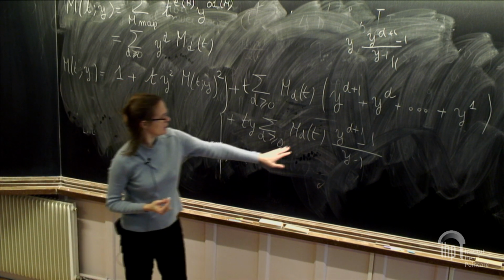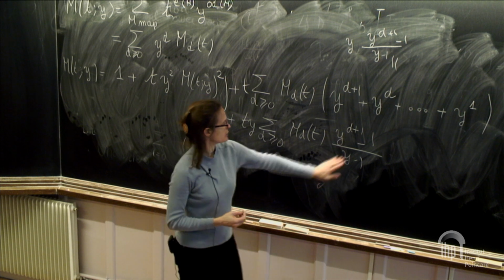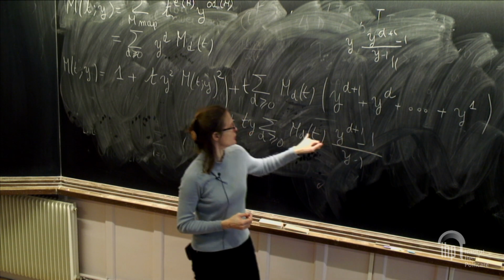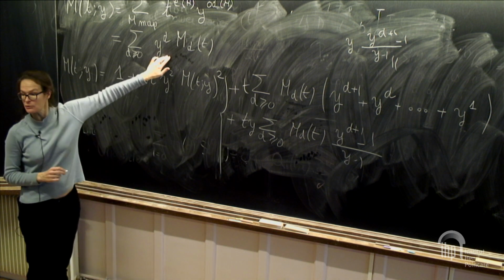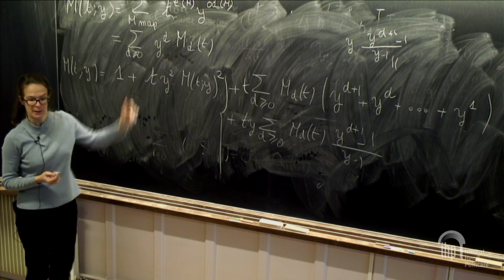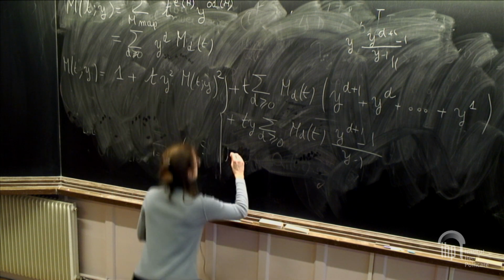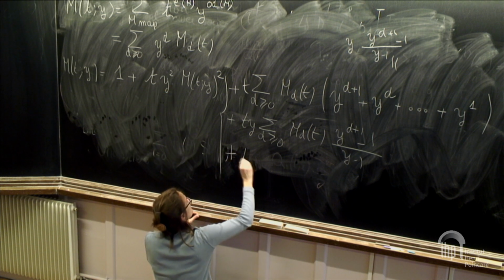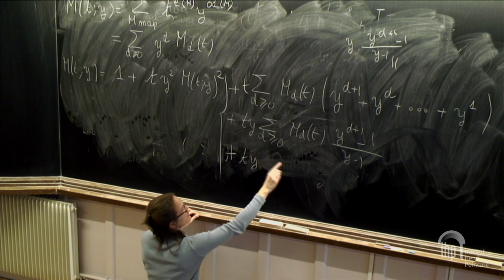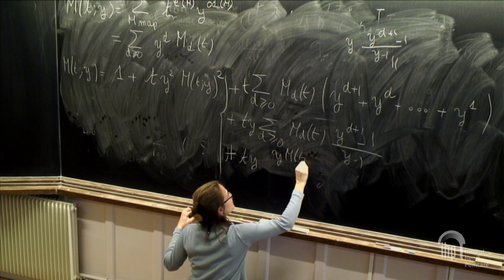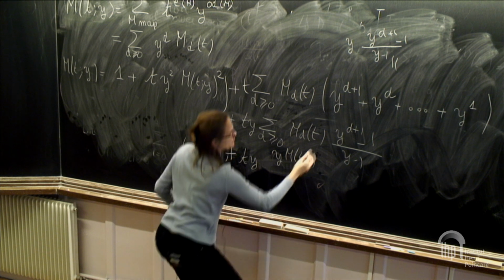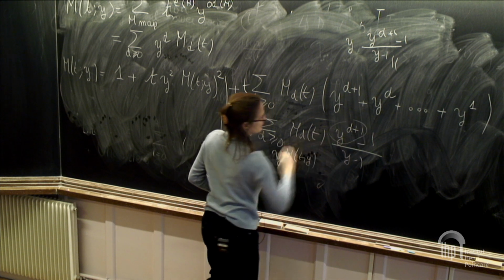And so what do we have here? If we just take the first term, the sum of M_d y^(d+1), well, up to a factor y, this is just my original function. So here I will have y M of t, y corresponding to this part.